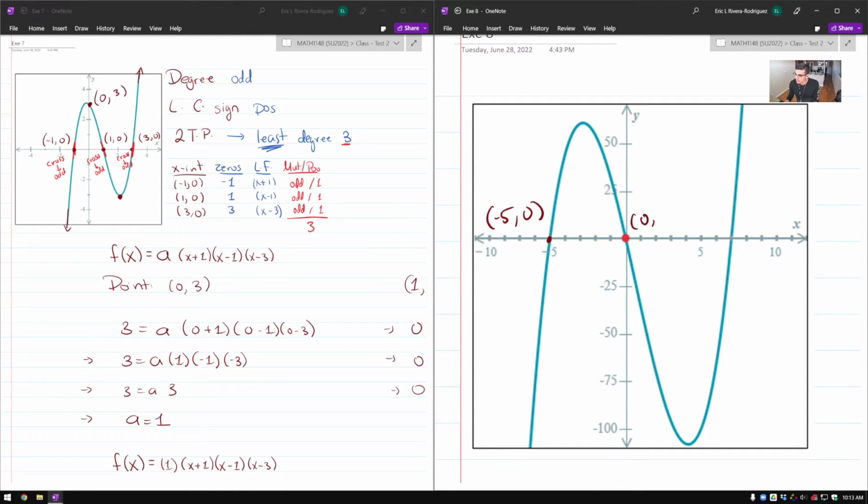This point is (0, 0). This point here is (7, 0). And this point here is (-1, 25).